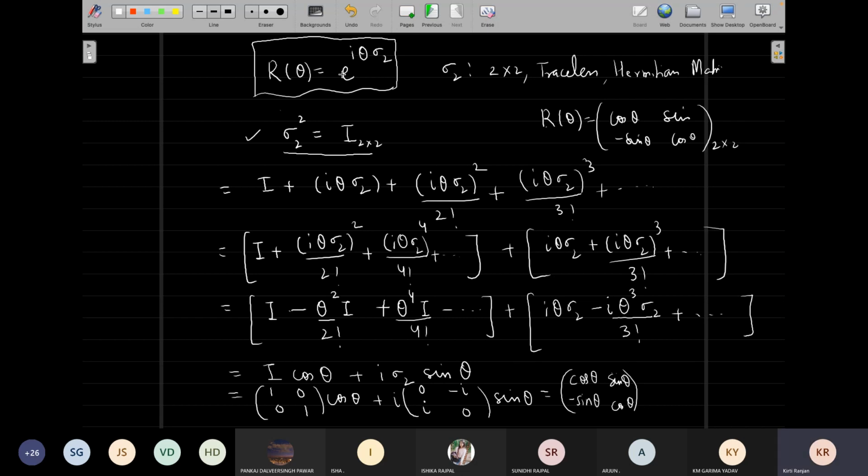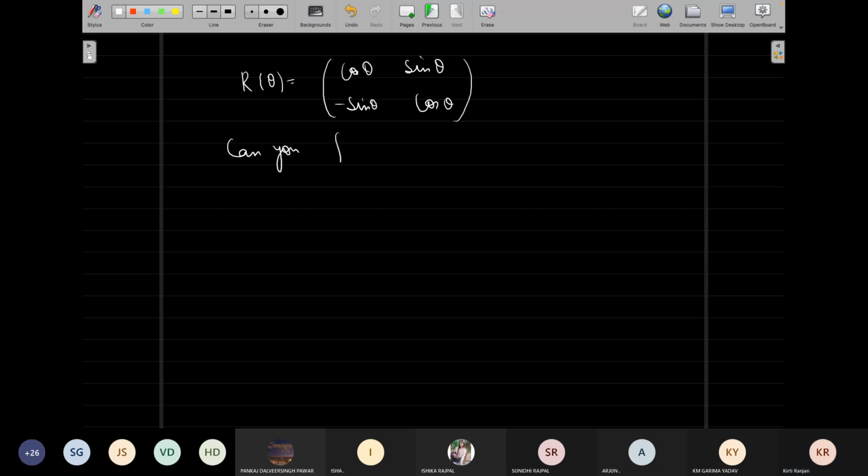In fact, R theta is now given. Let's say I would not have given you S, and I would have given you R theta. So let's just do that also. Let's say in this problem itself, I would have given you R theta, which is written as cos theta, sine theta, minus sine theta, cos theta. And I ask you, can you find S?